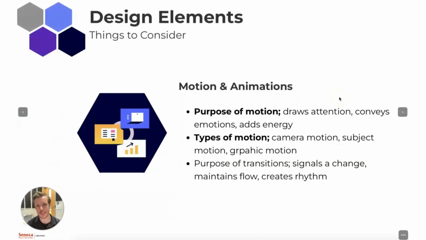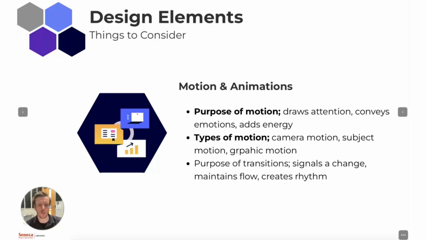Motion and animations. This is very important. Like I already mentioned, when something is moving, our eyes tend to focus in on that. That's where we kind of go. Our eyes look for movement, essentially. So we can really use motion and animations to our advantage. So some of the main purposes of using motion in videos, it helps draw attention, it can convey emotion, and even adds energy.